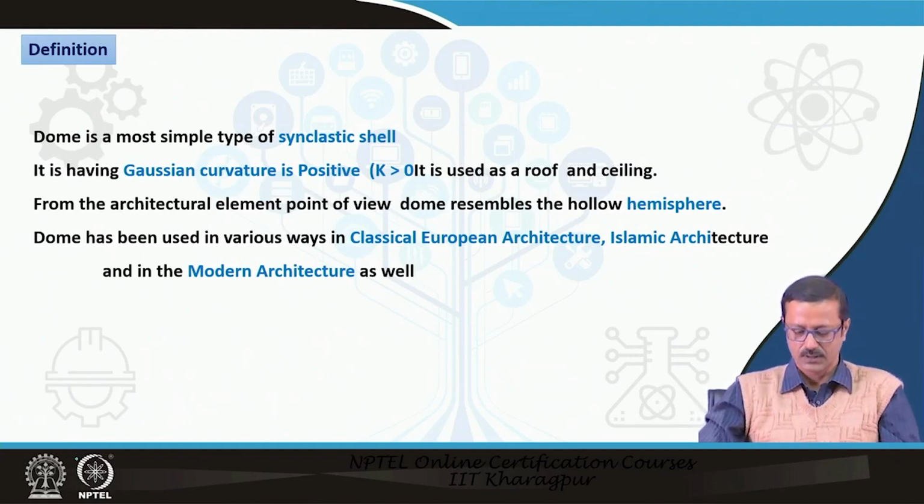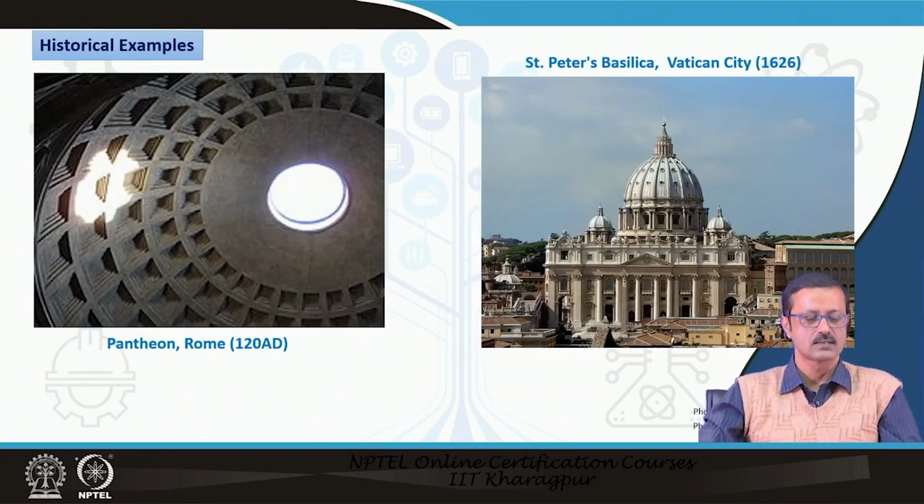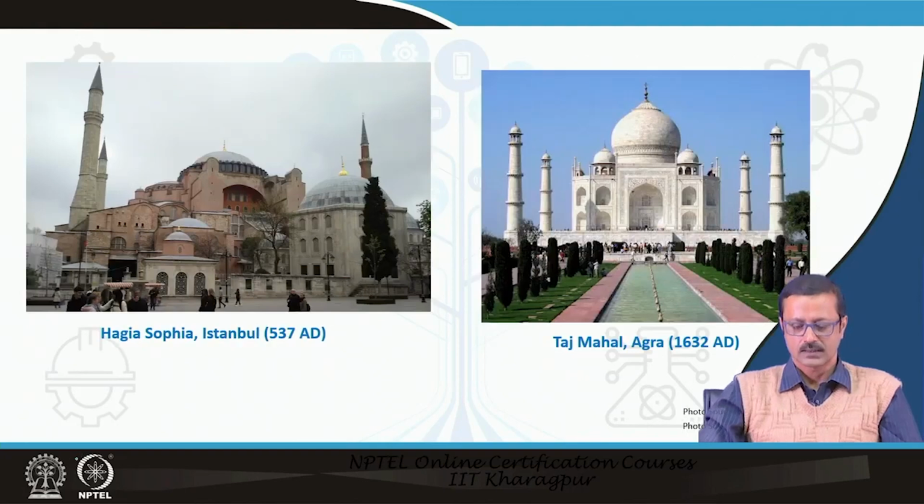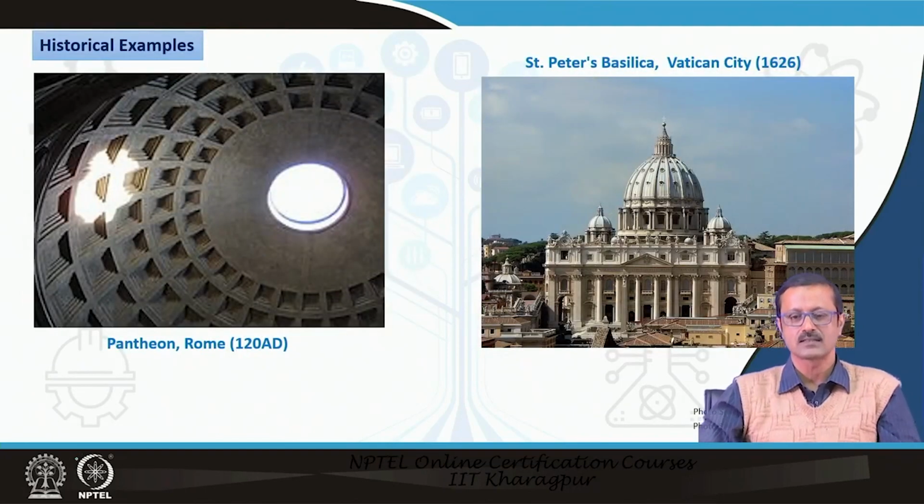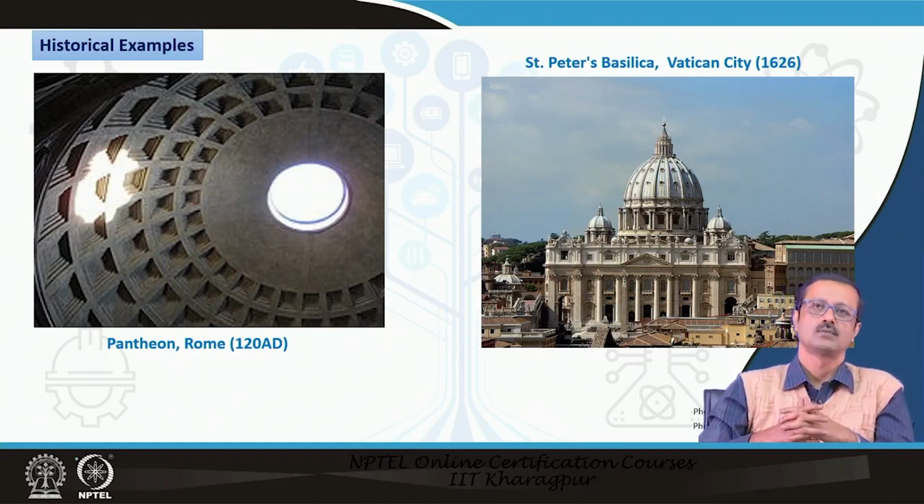Initially, we will start with some examples of the dome. The first is almost 120 AD, the Pantheon in Rome, which has a dome, and Saint Peter's Basilica, Vatican City, in 1626, which is also a dome, and that has all the characteristics of the dome.